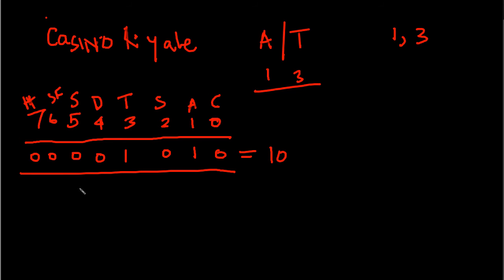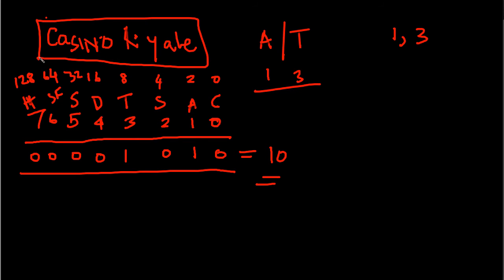Okay, and just to simplify that, I'm just going to write 0, 2, 4, 8, 16, 32, 64, 128. So now this movie can be represented or categorized as the number 10.